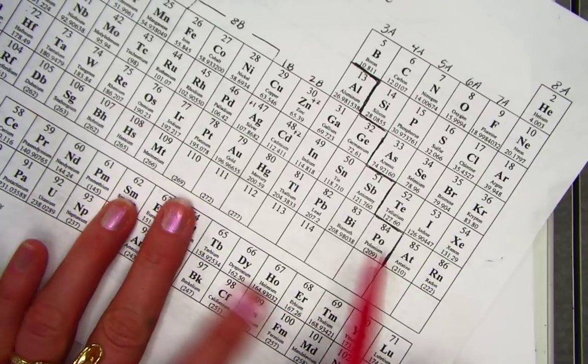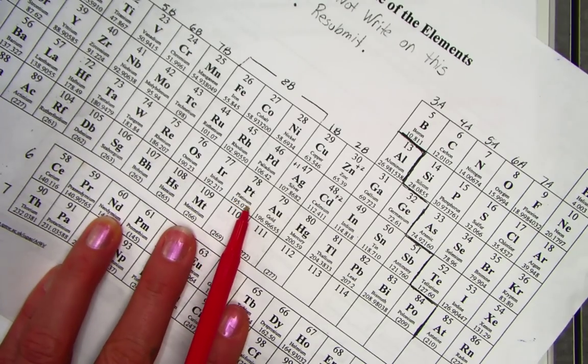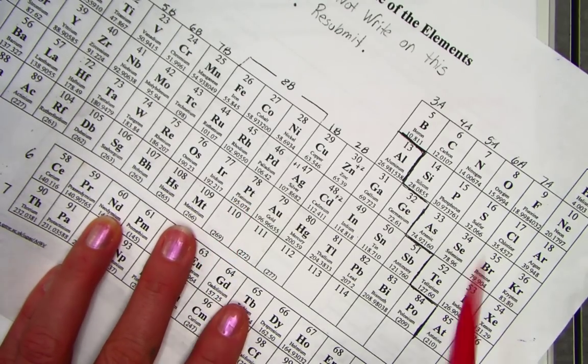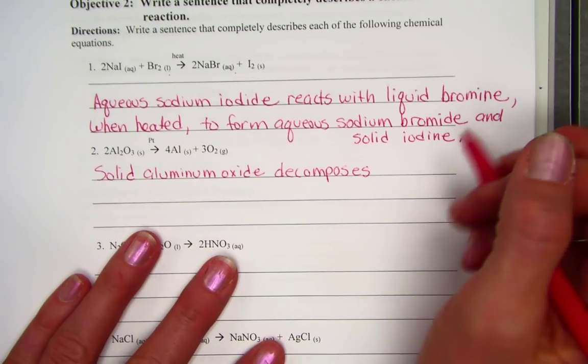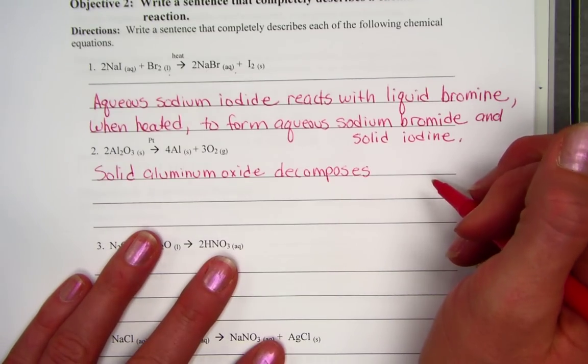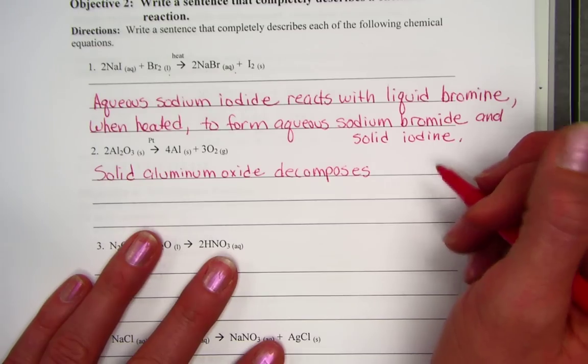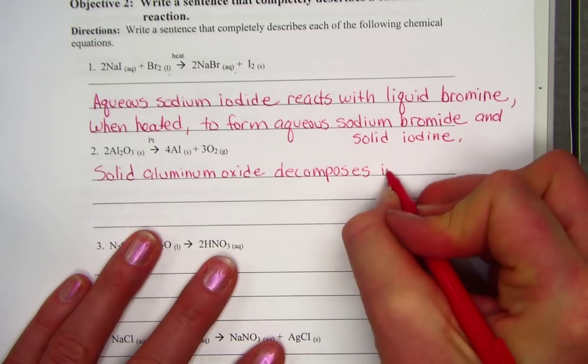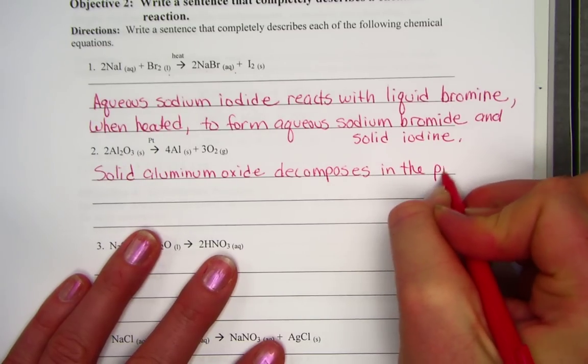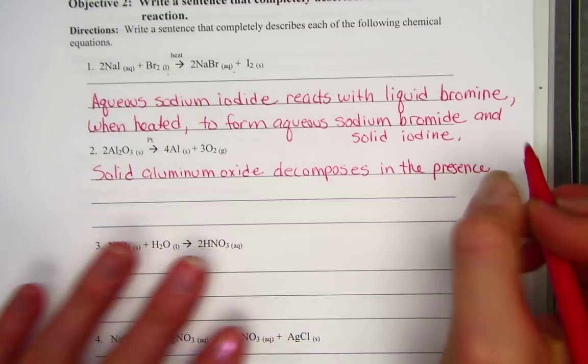Pt is right off the periodic table. Since it's sitting on top of the arrow, it's a catalyst, something we add to an equation to make it occur faster, providing an alternate pathway for the reaction mechanism. So it decomposes in the presence of a catalyst.